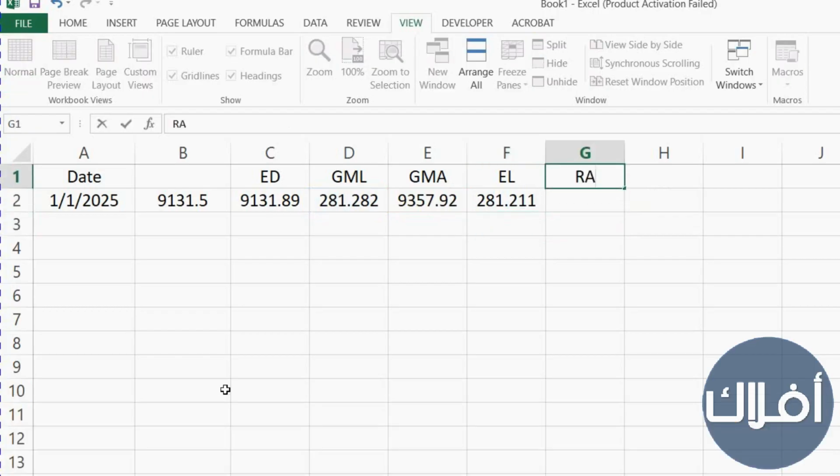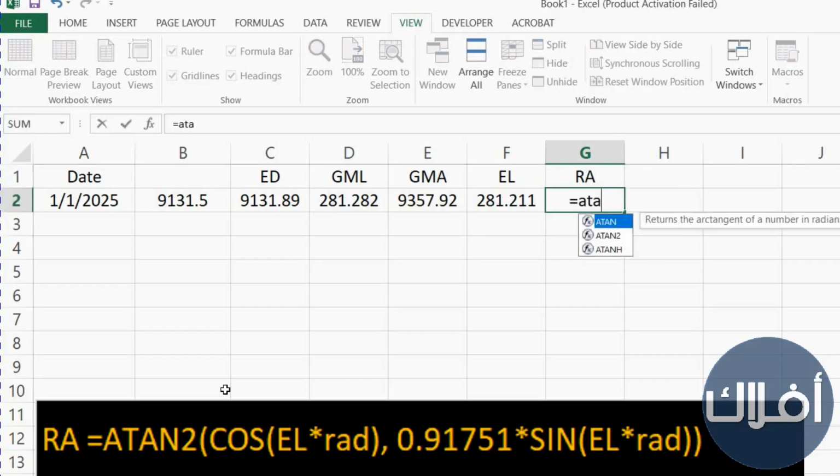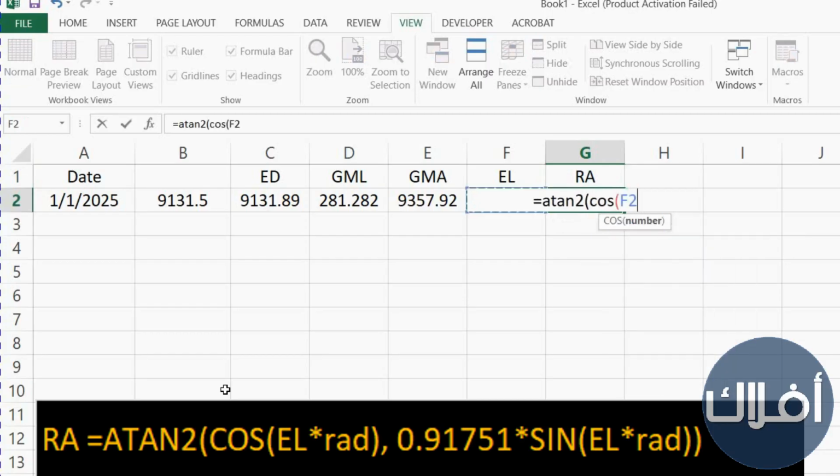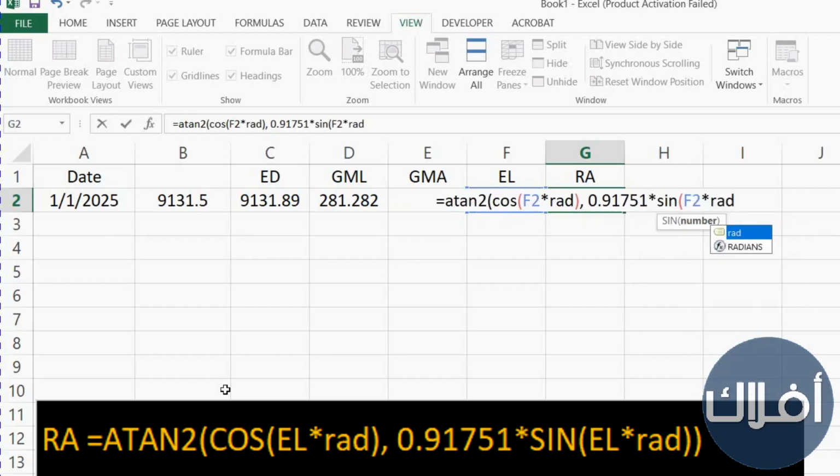Next, we'll calculate RA, or right ascension, which is the actual orbit. And this is equal to atan2, open bracket, cosine EL, convert to radians, comma, 0.91751 multiplied by sine ecliptic longitude converted to radians, close bracket.